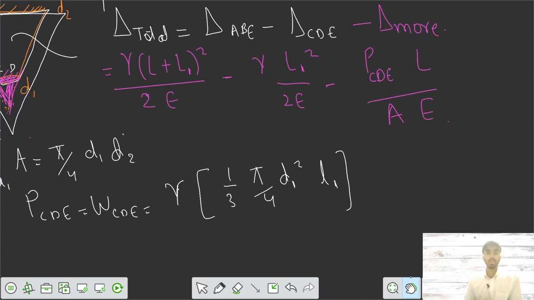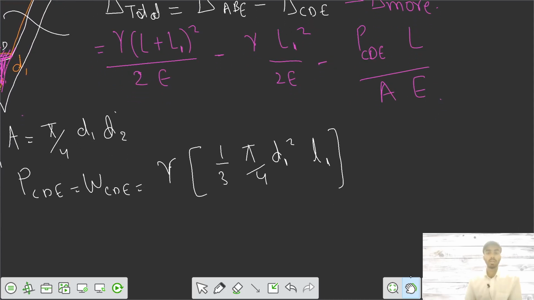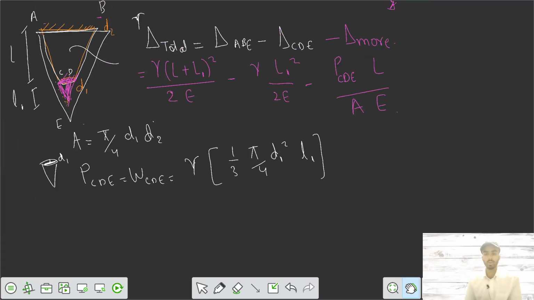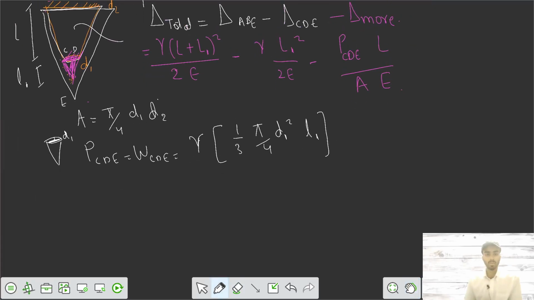So let's solve it further. The delta total equals gamma. If you simplify this one, you would say gamma by 2e can be taken common here.